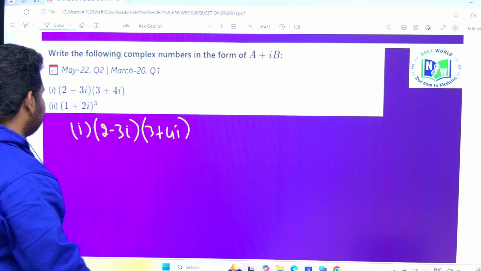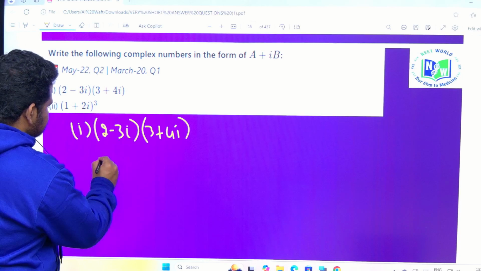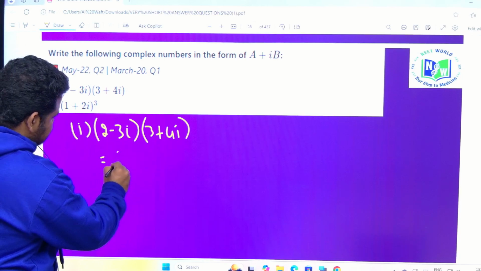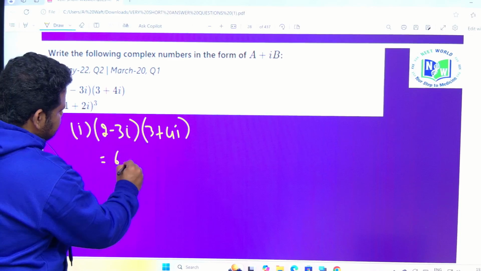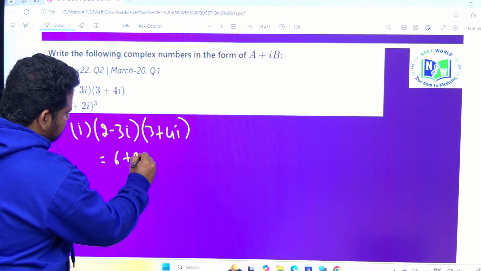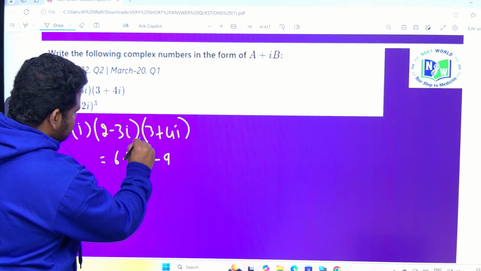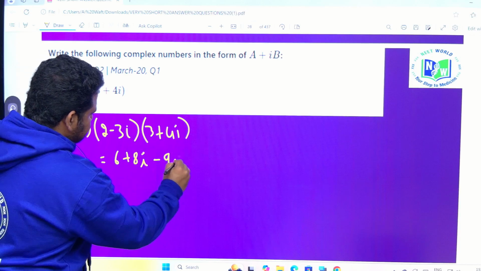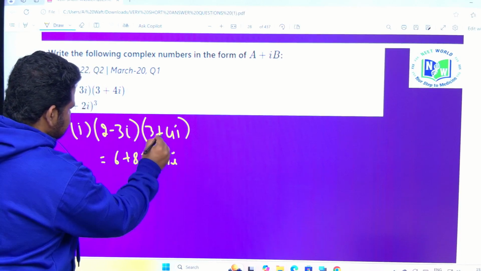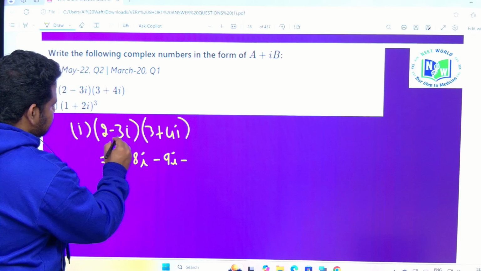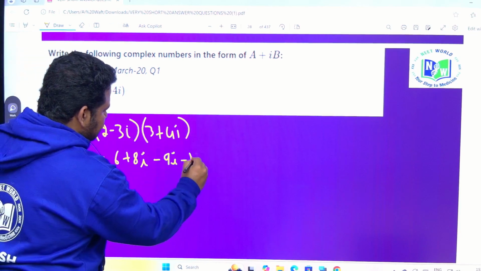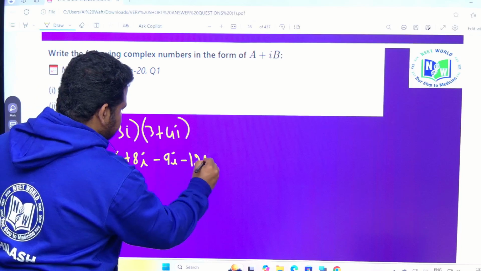Let us multiply. So this can be written as 2 into 3 is 6, 2 into 4i is 8i, minus 3i into 3 is 9i, and minus 3i into 4i is minus 12 i square.